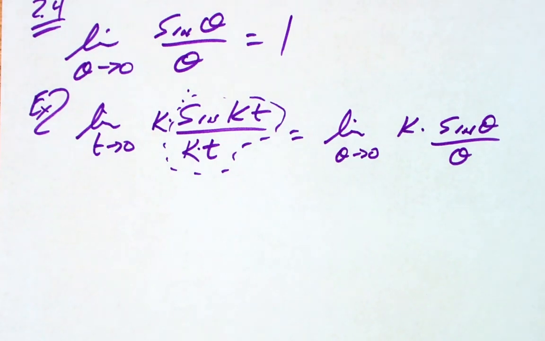How can we do that? Well, sine of k theta over k theta is in the form of sine of theta over theta. Okay? So now we're just going to look at how it's behaving in terms of theta.